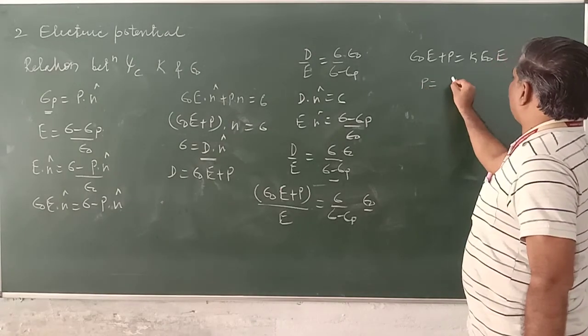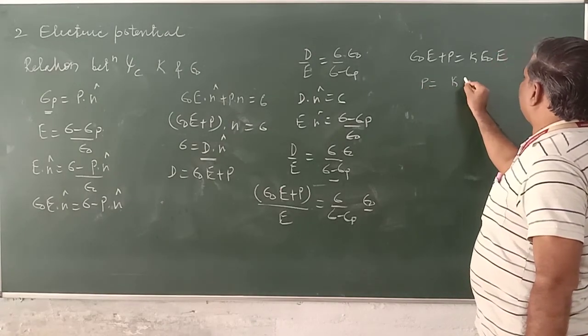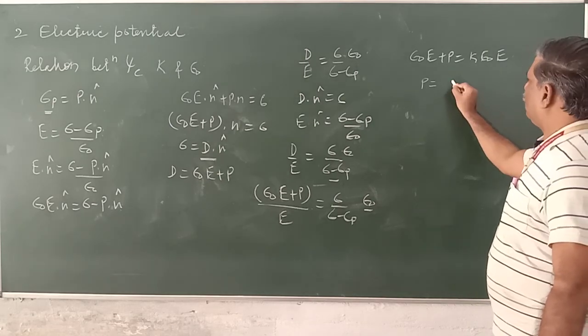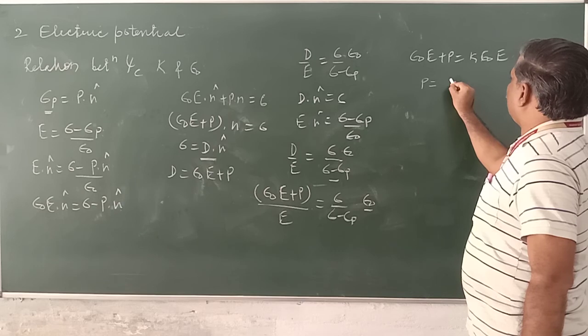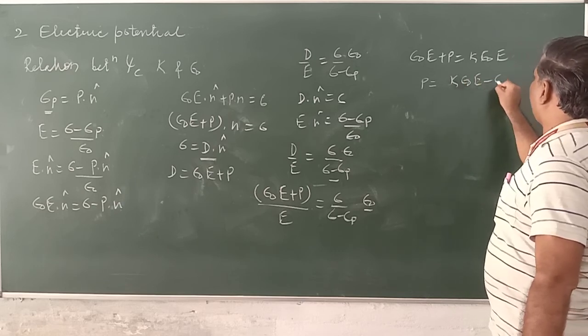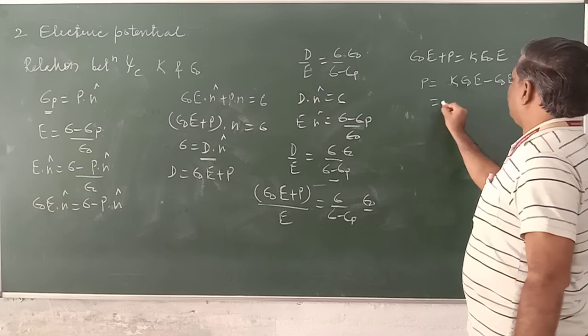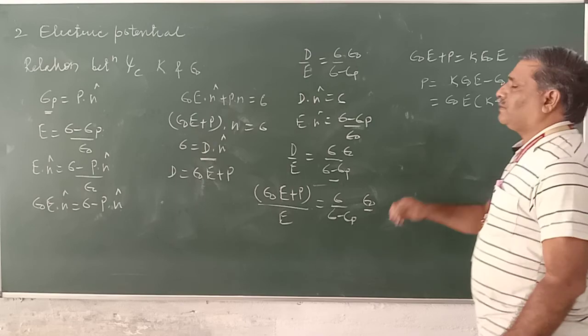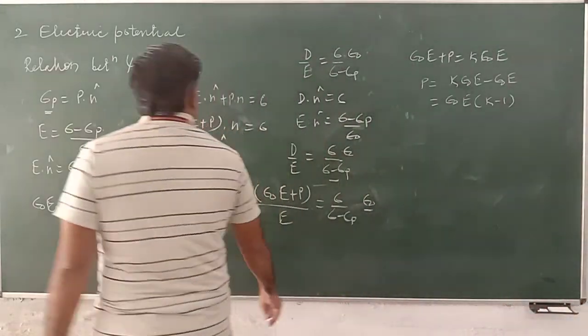On this side we get P is equal to K epsilon 0 E minus epsilon 0 E. Epsilon 0 E is constant, so P is equal to epsilon 0 E times K minus 1.